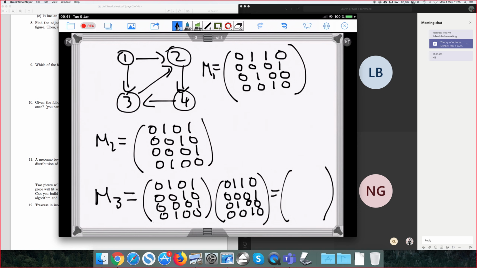So for the first row, I just sum up the second and fourth row, and I obtain 0, 0, 1, 1. Okay, this is correct because from 1 I can go to 3 with a path of length 3. Remember that the 3-order reachability matrix gives us the paths of length 3.